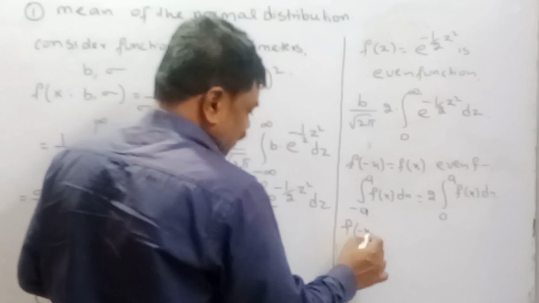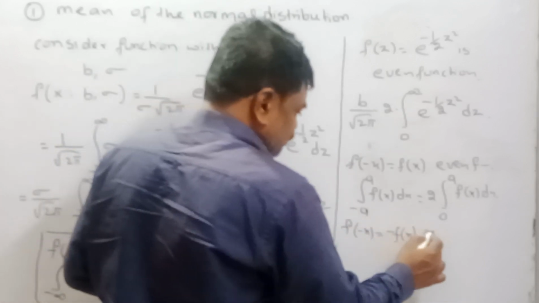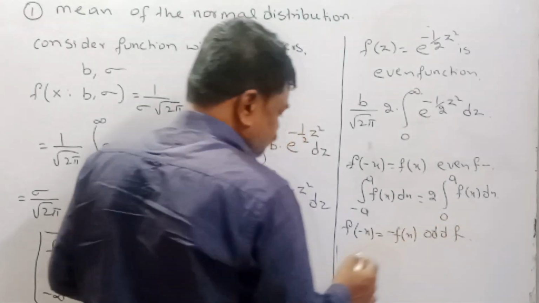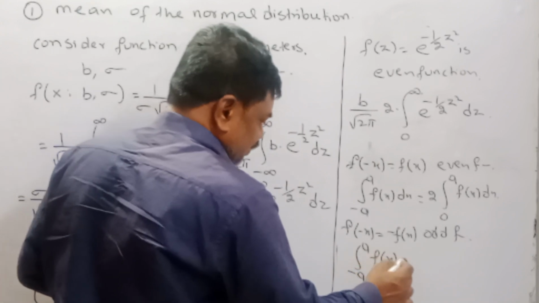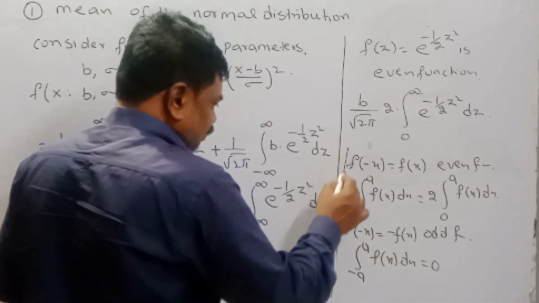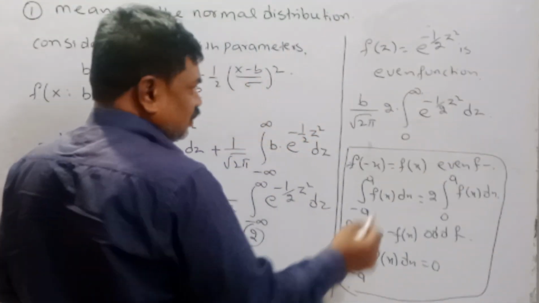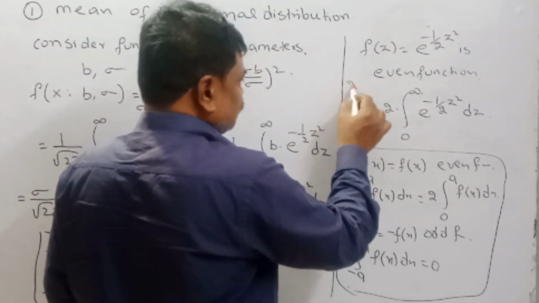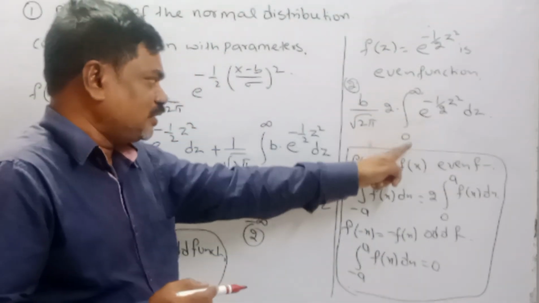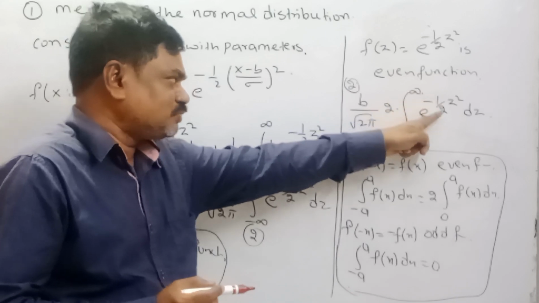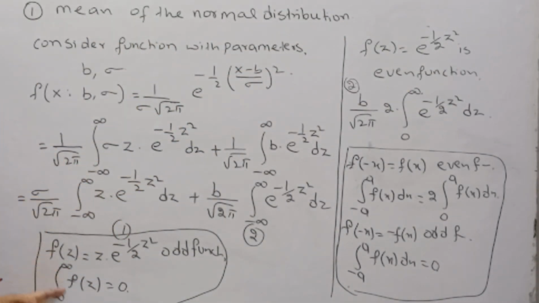If f of minus x is equal to minus f of x, it is an odd function, so integral minus a to a f of x dx is equal to 0. These two follow these two rules. That's why the second one is b by root 2 pi, 2 into integral 0 to infinity e power minus 1 by 2 z square dz, and the first one is 0.